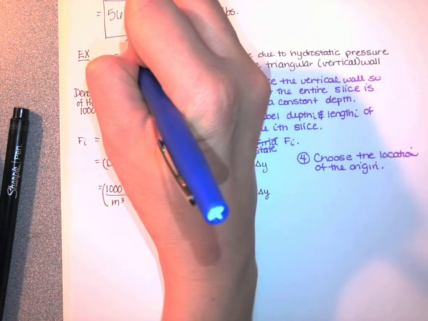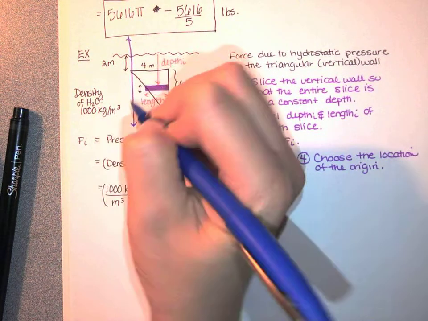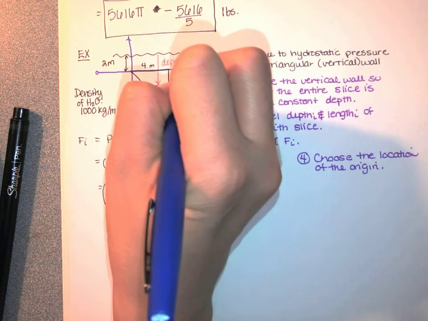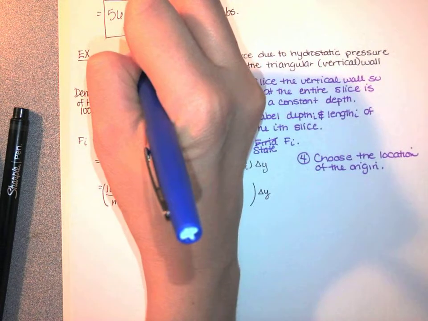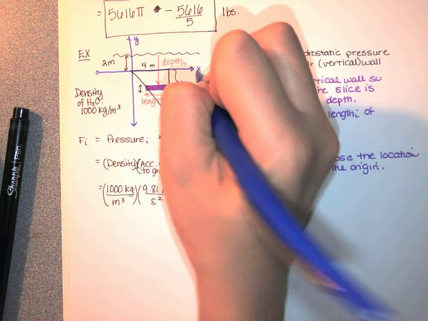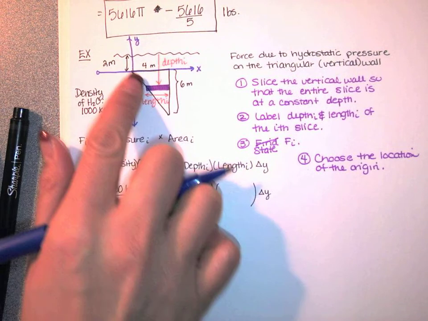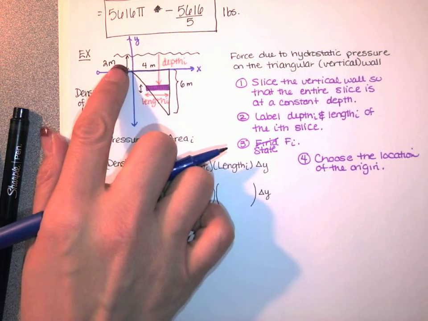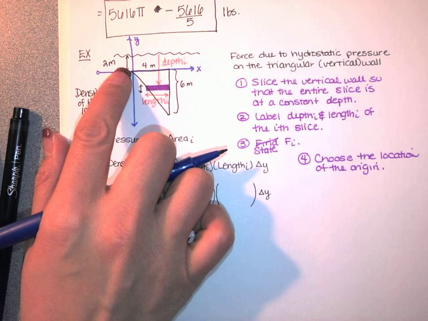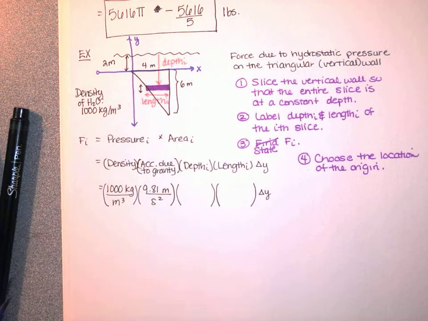So I am going to choose to put my origin over here. I'm going to make that the positive y-axis and that the positive x-axis, because then it's really easy to find the equation of that line. It just has a y-intercept of 0, passes through 0, 0. And it's also easy to see what that depth is.